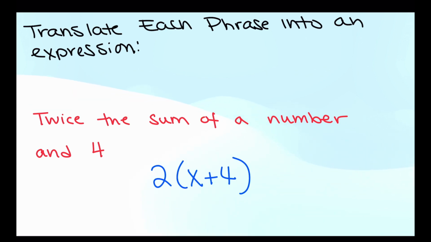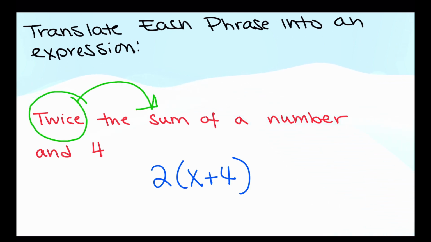So we can write this as the quantity x plus 4 with parentheses times 2. Again, this word twice applies to the sum, and that's why I have to put parentheses, because the 2 actually applies to both pieces in that sum. So twice the sum of a number and 4 would be 2 parentheses x plus 4.